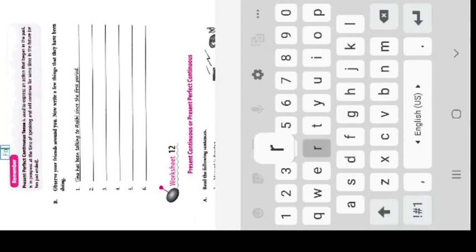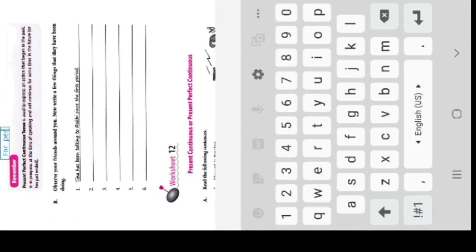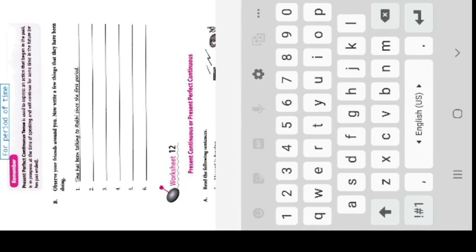For. Why for? For is used to talk about the period of time or the duration. Okay, so period of time. You have already read it in your standard 7. Duration or period of time, it means 10 years, 10 minutes, 1 month.